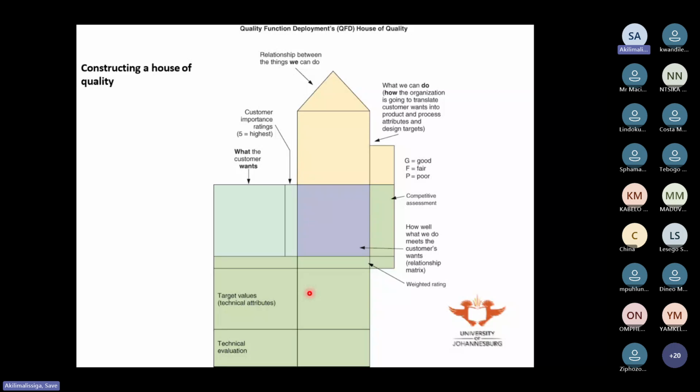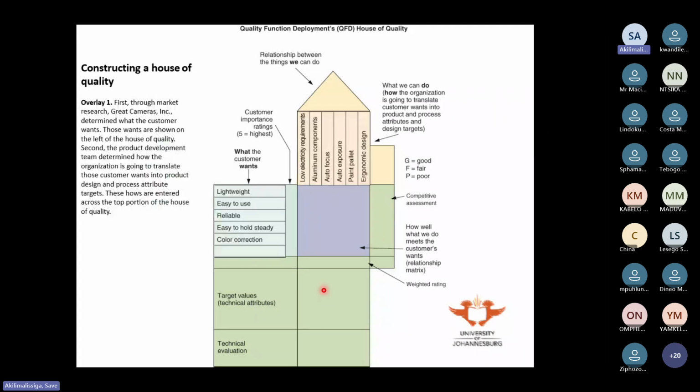Right. So now in this example here, we are referring to a company called Great Cameras Inc. So obviously this company is involved in producing cameras, right? Now they are coming up with a new design, a new product, a new camera.